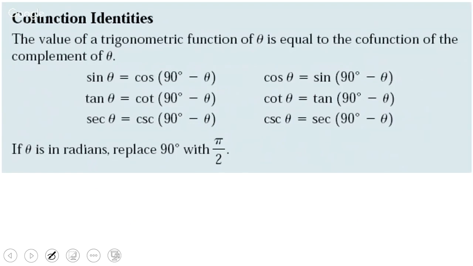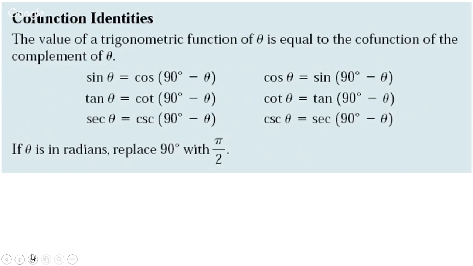Cofunction identities. Cofunctions, you notice they come in pairs: sine and cosine, tangent and cotangent, secant and cosecant. Well, what cofunction means is that the value of the trig function is equal to the cofunction of the complement. The complement, remember, is 90 degrees minus whatever angle you have.